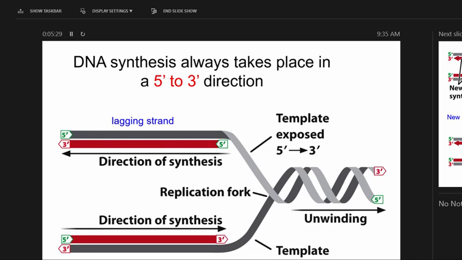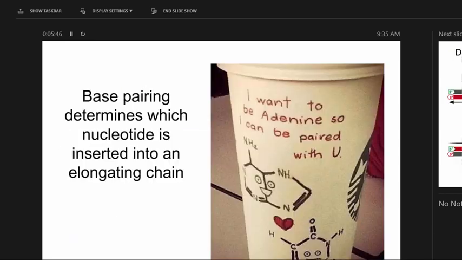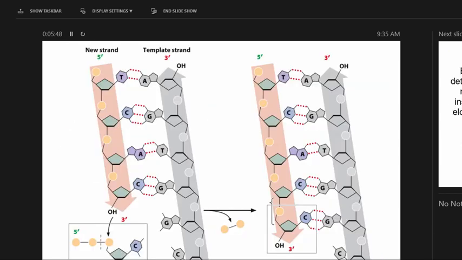So, look at what's printed at the top of this slide. I want you to memorize this. Burn it into your eyeballs, right? So when you close your eyes, on the back of your eyelids, it says, DNA synthesis always takes place in a 5' to 3' direction. Let's go back and look. See 5' up here, 3'.